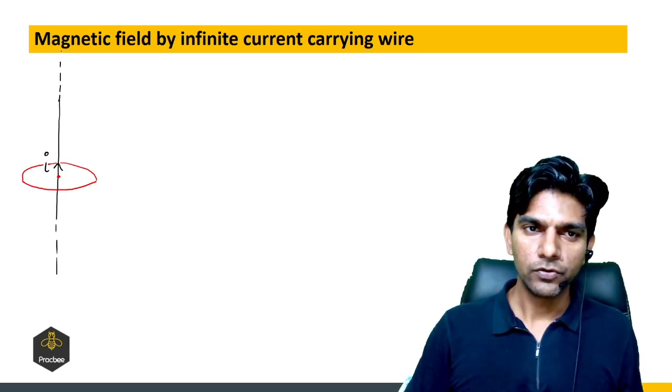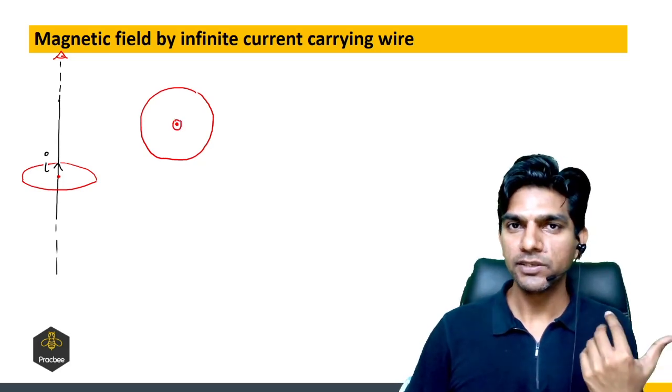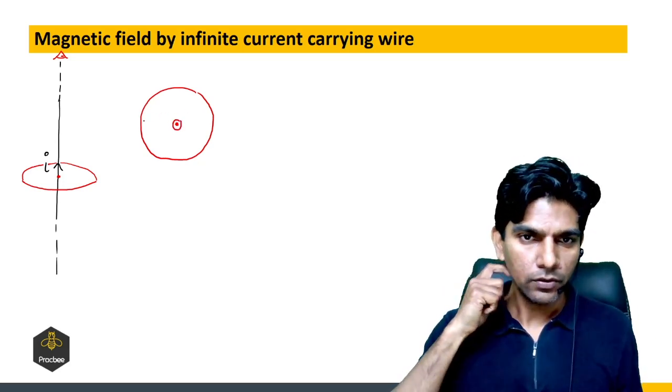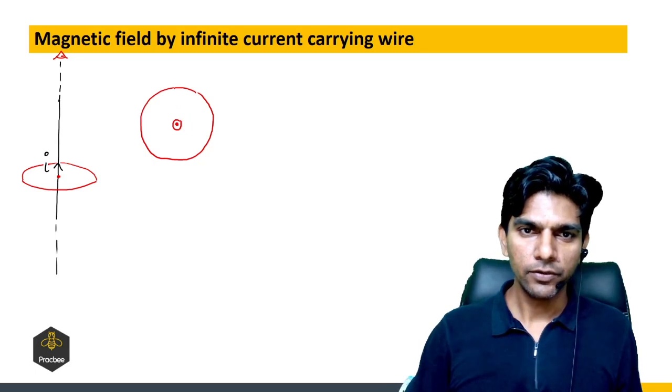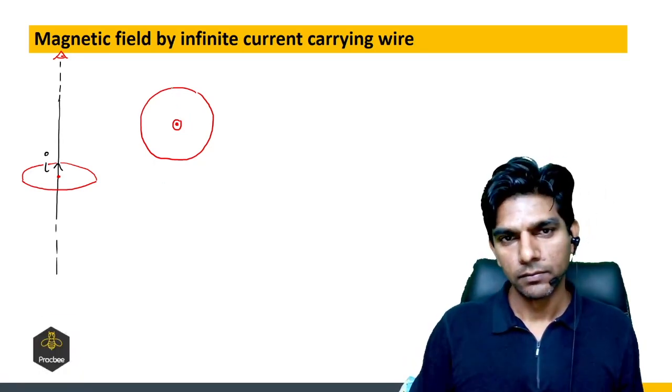If I look at it from the top, it will look like a circle, and the current is coming towards the observer. Now if I consider this small element, this is our dl.